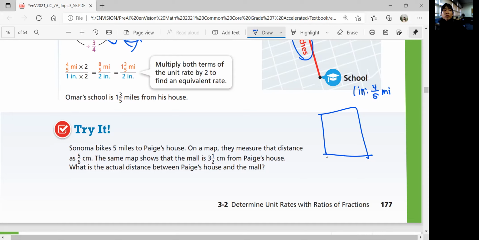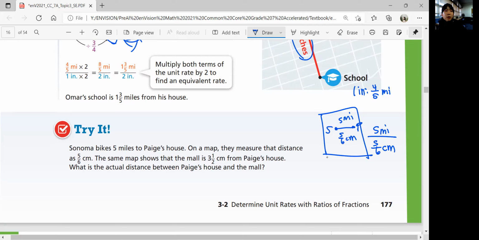And she knows that it took 5 miles in real life from Noma's house to Paige's house, right? On the map, that's going to be 5/6 centimeters. So you have a proportion, 5 miles per 5/6 centimeters.